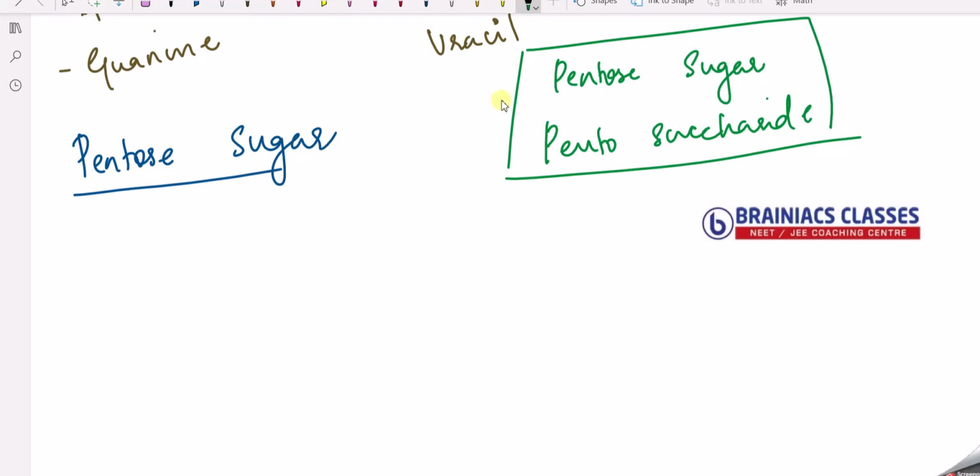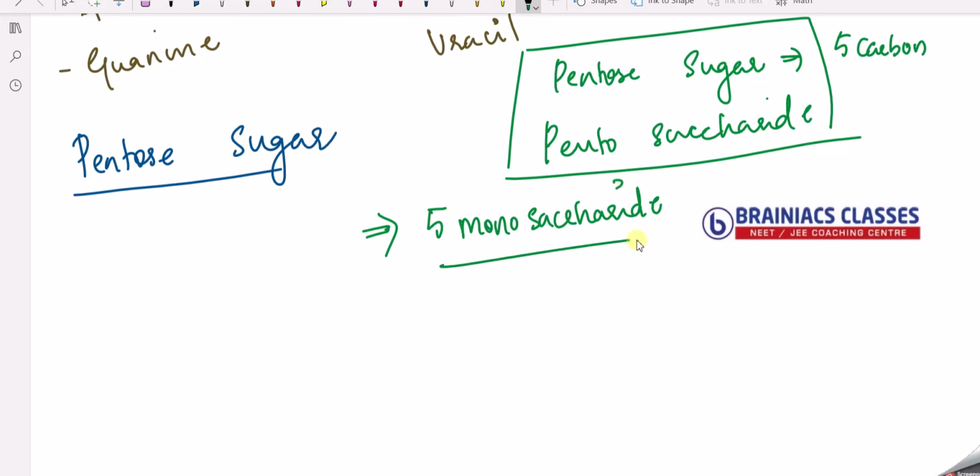What is a pentose sugar? Pentose sugar is nothing but a 5 carbon containing sugar. But what about a pentosaccharide? A pentosaccharide is a compound which has 5 monosaccharide units.